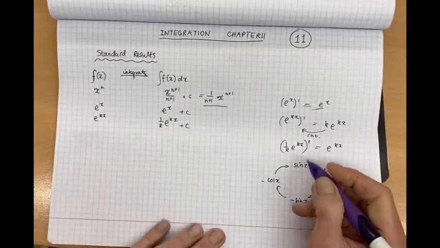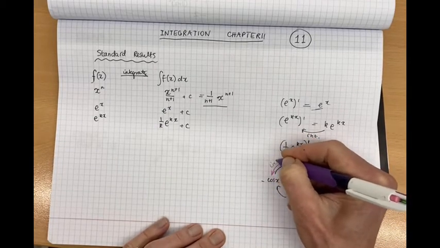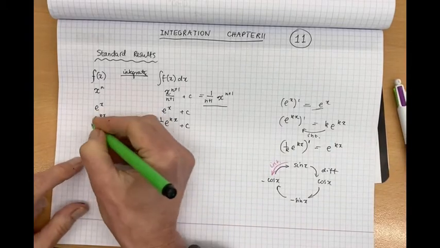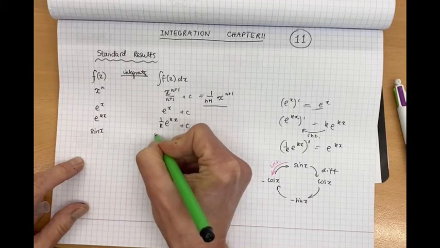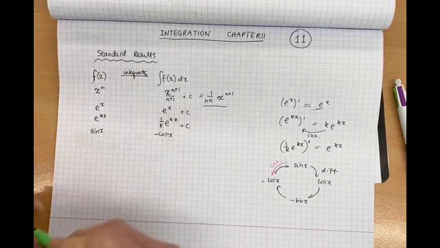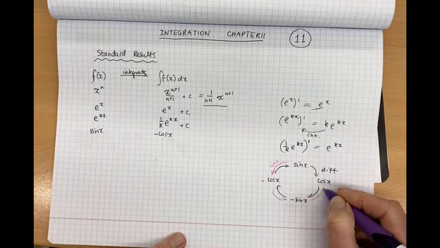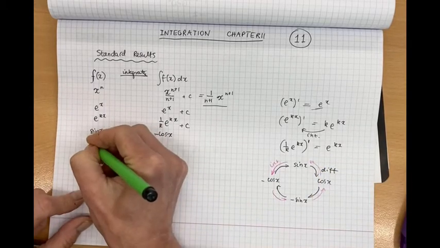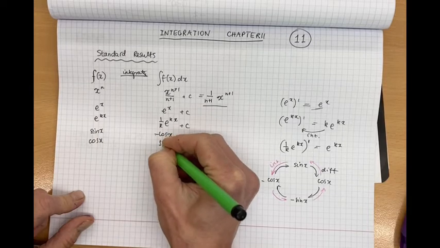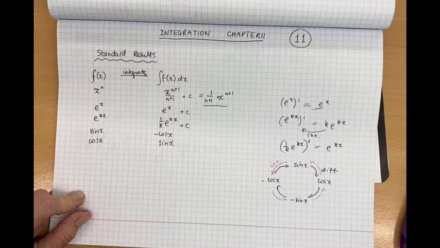So if I follow the loop the other way around, you can see this pink is integration. That tells me that sine x integrates to minus cos x. Then you carry on, cos x integrates to sine x. So cos x goes to positive sine x, while sine x goes to negative cos x, because it's reversing differentiation.